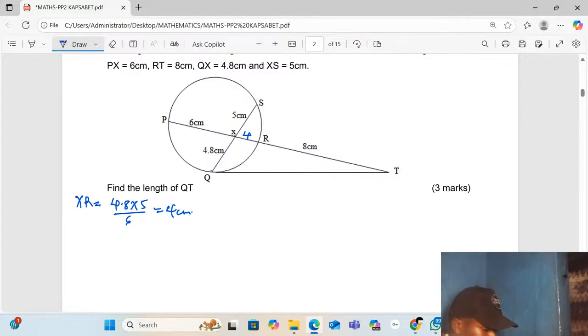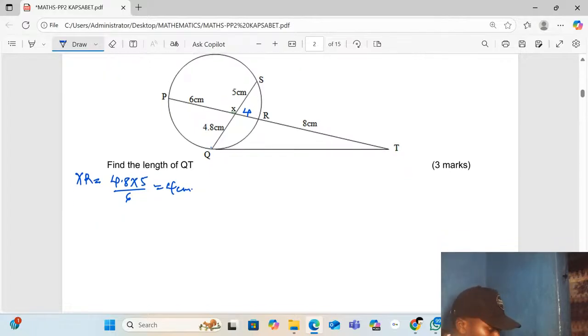Now, they want us to find the value of QT. To find QT, we normally take QT squared. So QT squared is given by PT, the whole of it, PT times RT, the whole of PT times RT.